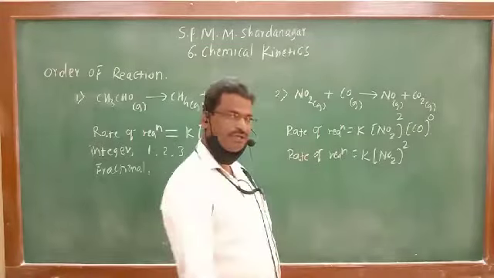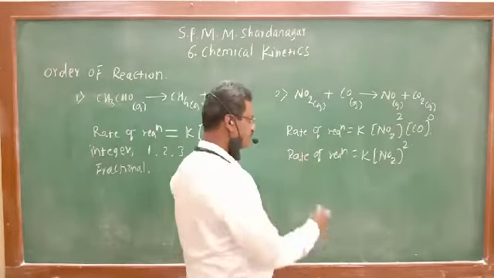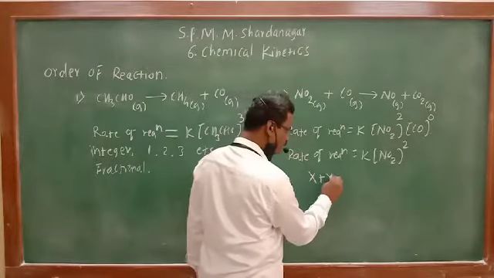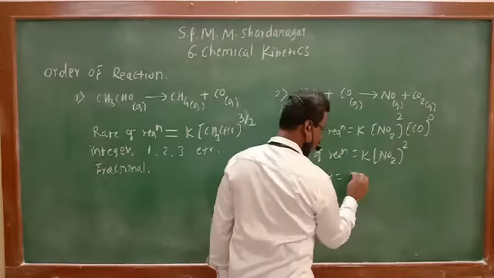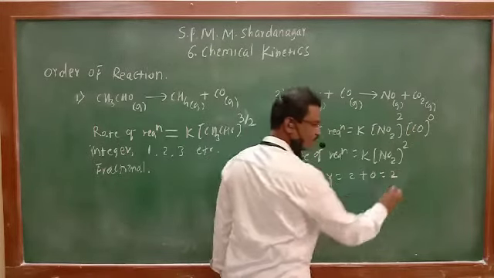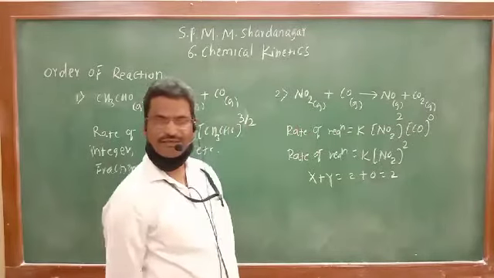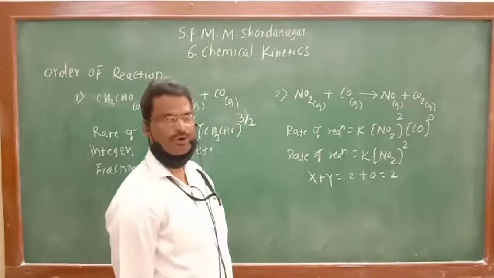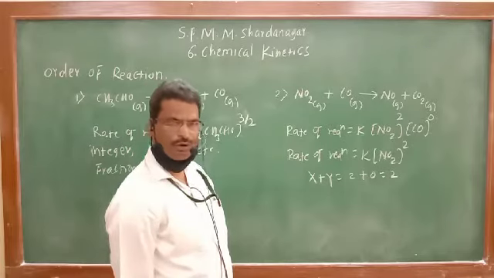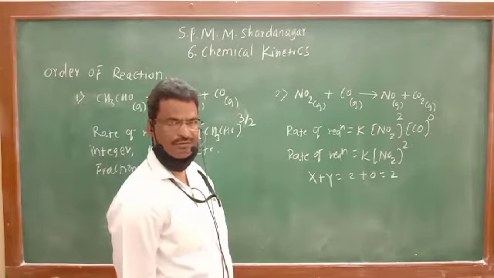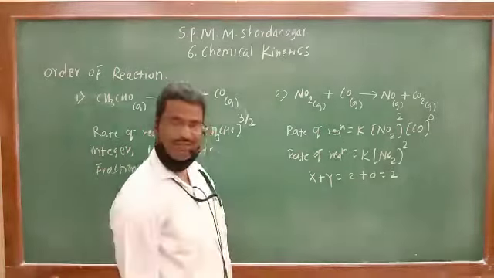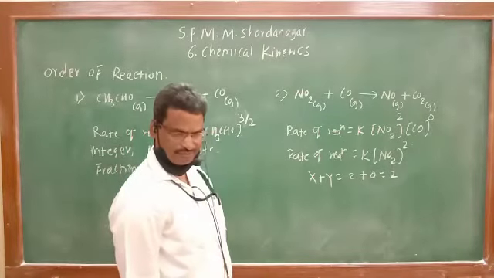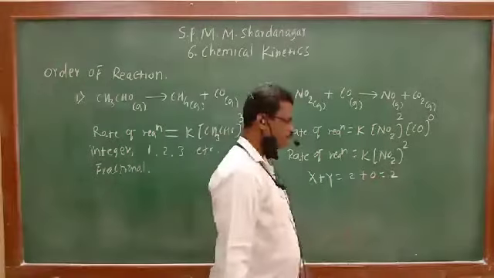Now can you tell me what is the order of reaction, X plus Y, 2 plus 0? It is equal to 2. Therefore it is a second order reaction. The overall order of reaction, or net order of reaction, will be equal to 2.